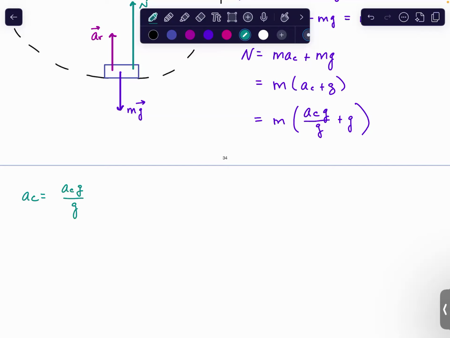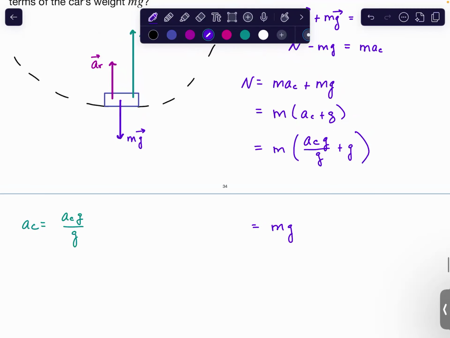Why is that true? Yeah, you could divide out G over G. So now we're going to be able to pull out. Well, they equal each other because G over G is 1.